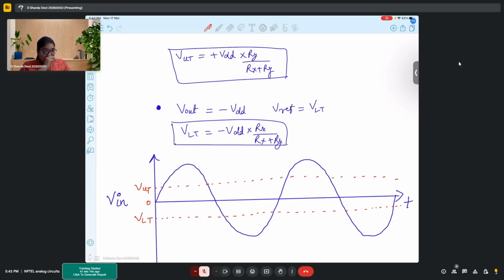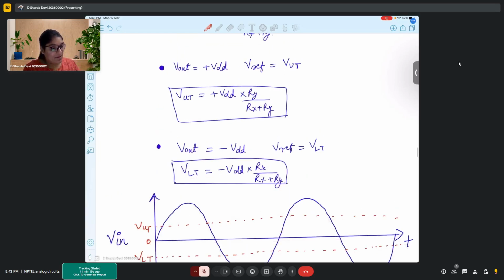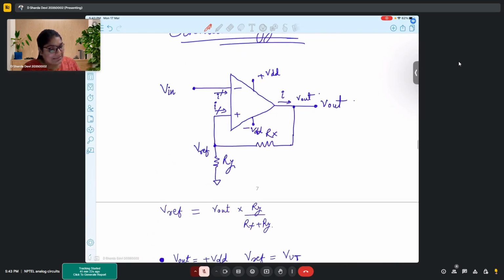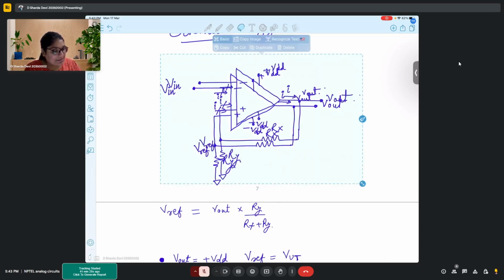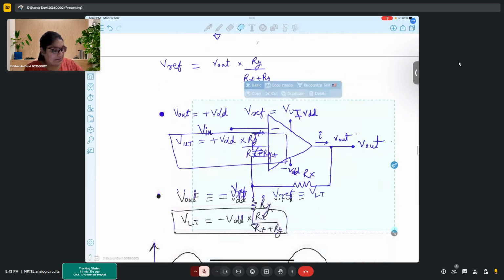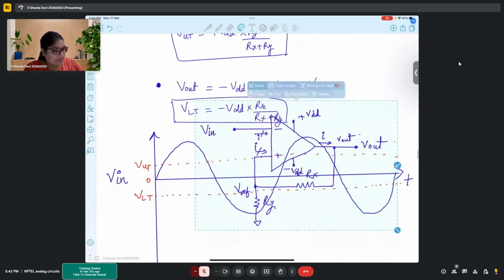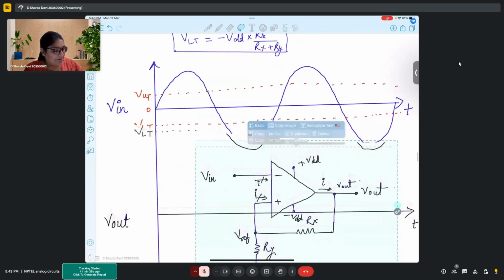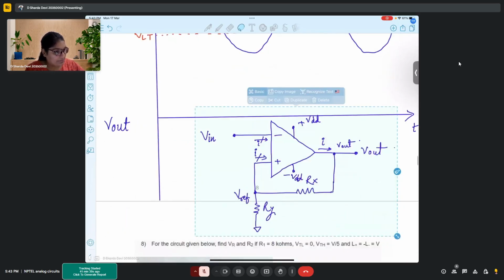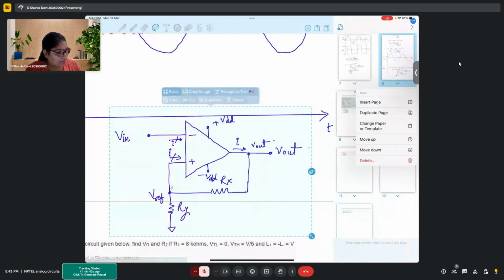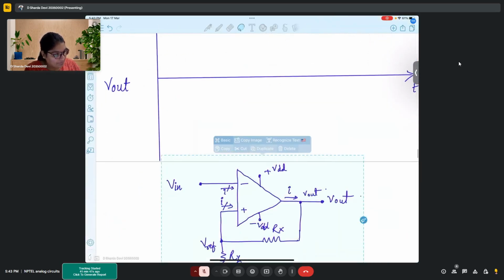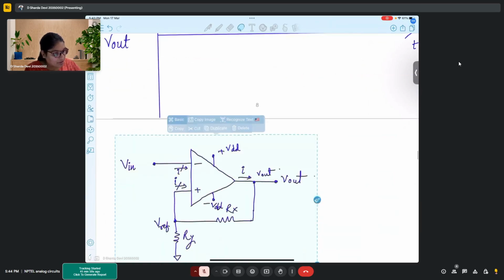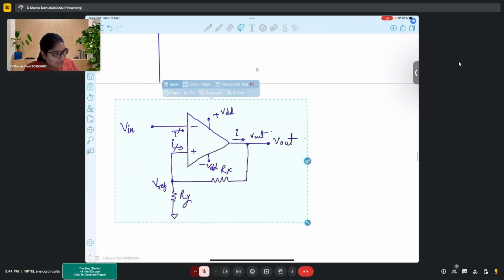Alright. So now let us start analyzing this circuit. But before analyzing, we would definitely need a reference to start from, right? We would need some reference to start from. So let's consider some value of output.